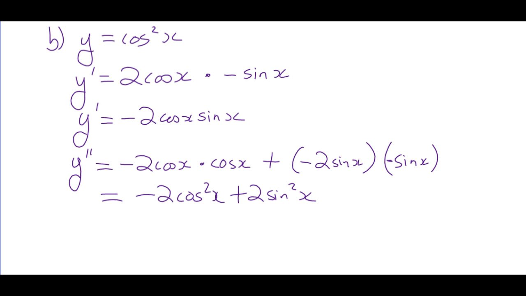What is it? Sine 2x? So like so? And you just do that. We try to make stuff easy. So what do we got there then?